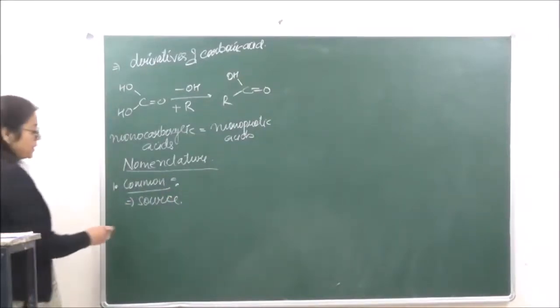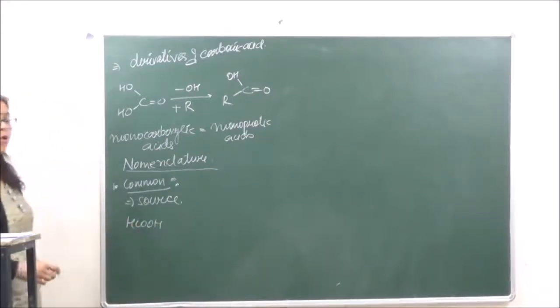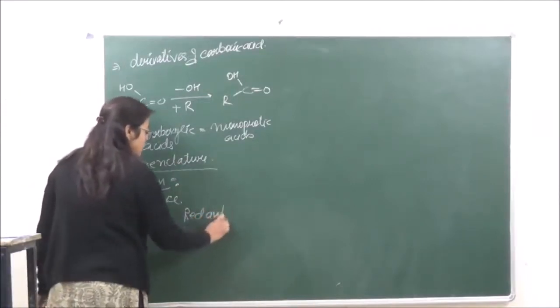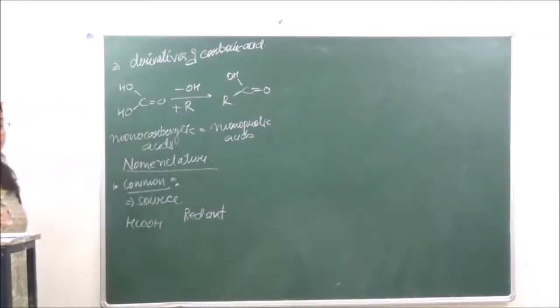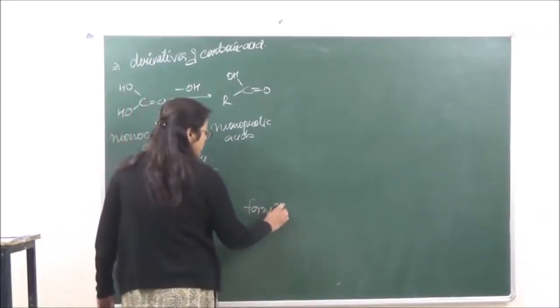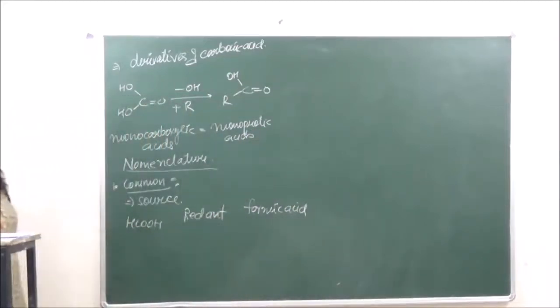For example, HCOOH is derived from the red ant, formica, from the sting of the red ant formica, and that is how it gets the name formic acid.